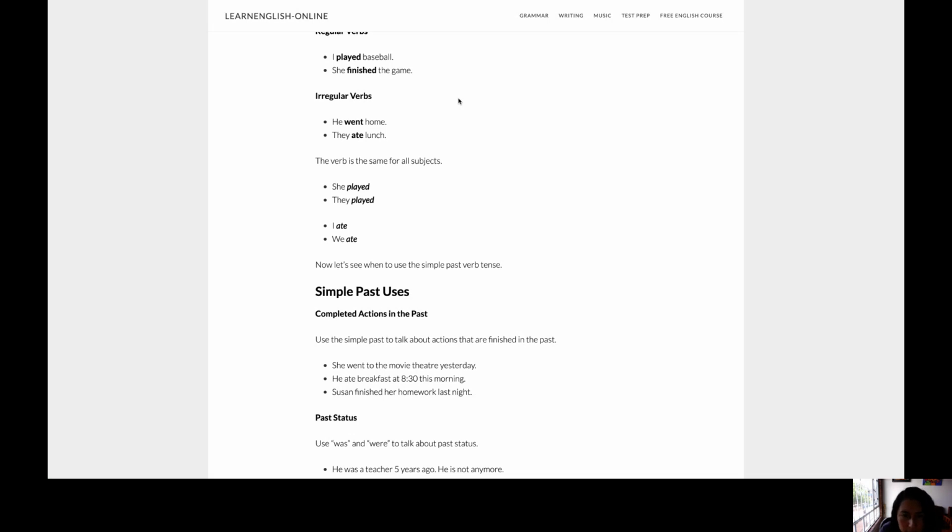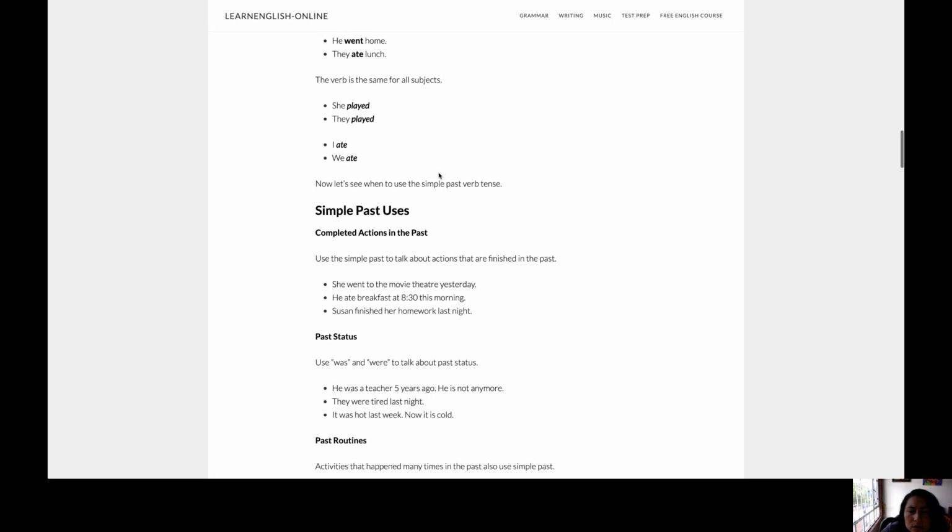So you don't need to complicate in this tense because whatever the person could be, you just need to add the verb in past. Entonces acá no tenemos el problema de pensar si es tercera persona, si no lo es, qué regla lleva. Entonces afortunadamente para todos los sujetos el verbo va de la misma manera. She played, they played, I ate, we ate.